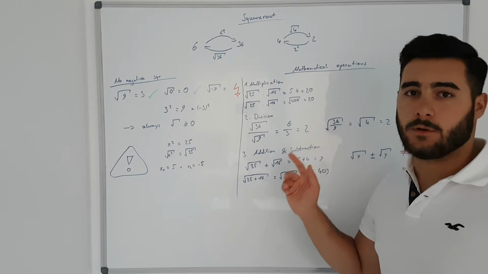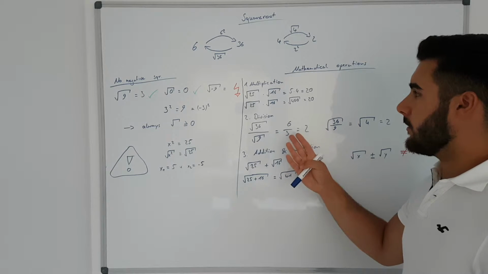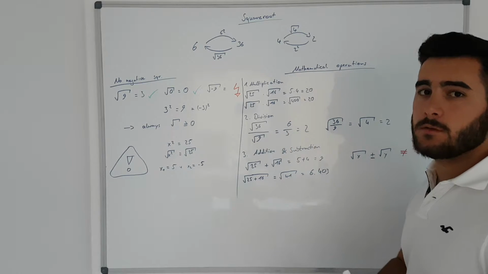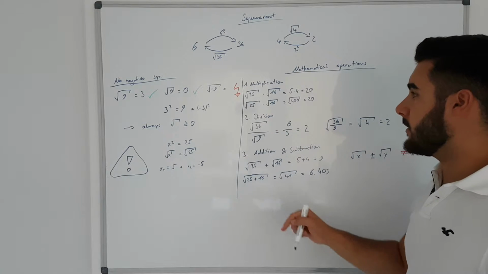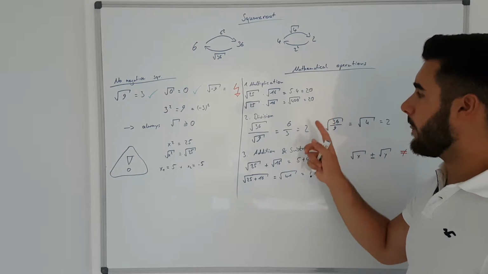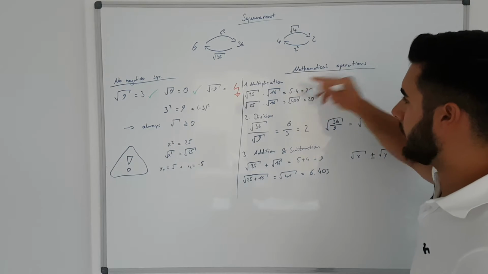So last point, and another important point, is the mathematical operations. You can multiply square roots. For example, the square root of 25 times the square root of 16 is 20. However, you can also multiply the numbers within the square roots.